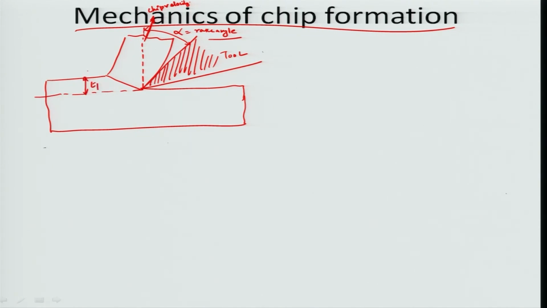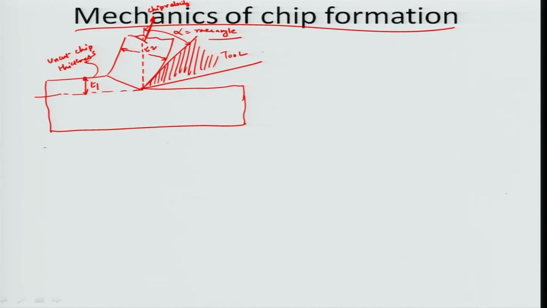Let us call it T1, which is in this case the uncut chip thickness, and I would now utilize this particular thickness right about here, which I call the cut chip thickness T2.